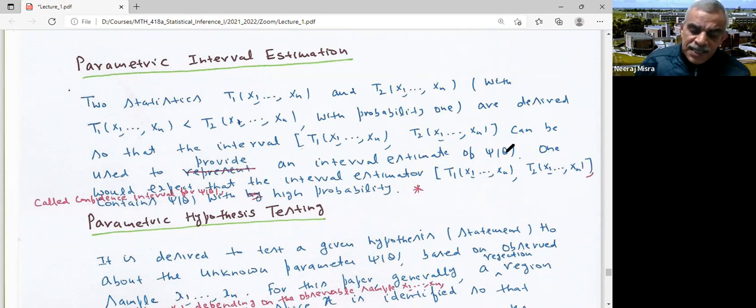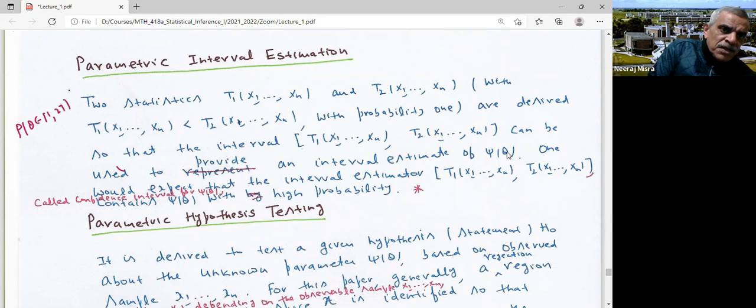So for example, I can say that theta lies between 1 and 2 with probability 0.95. Now, if I want to increase this confidence, that would normally come at the cost of a larger interval. So that would be 0.5 to 3, and that would normally come out to be 0.9.